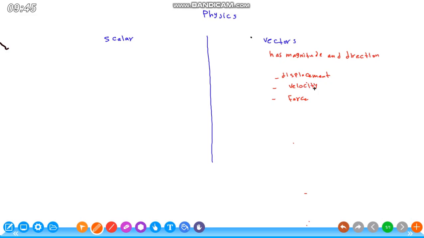Scalar has magnitude only. Okay, examples. Scalar speed, distance, okay, time.